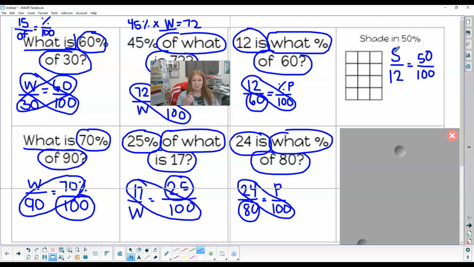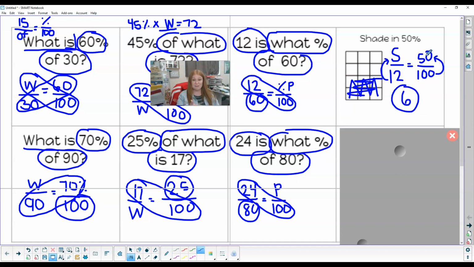So I'm looking for how many should I shade in out of 12 to equal 50%. One thing I'm noticing is that to get from 100 to 50, I just cut it in half. So I can just take 12 and cut it in half. Half of 12 is 6. So I need to shade in 6 of these boxes. So 6 is the answer.